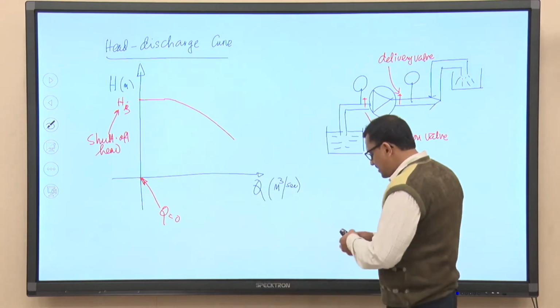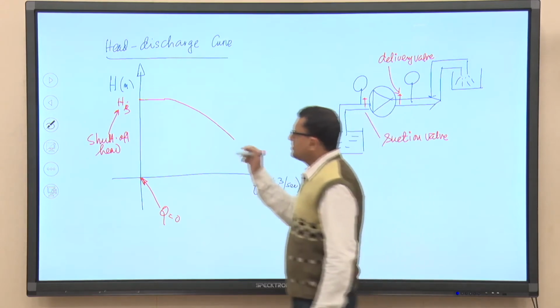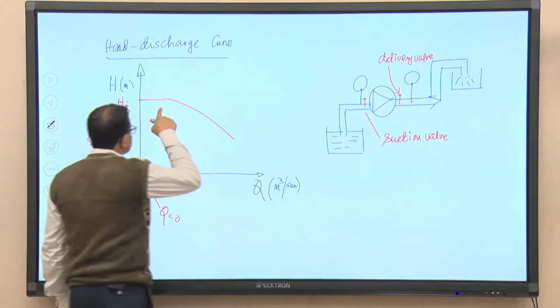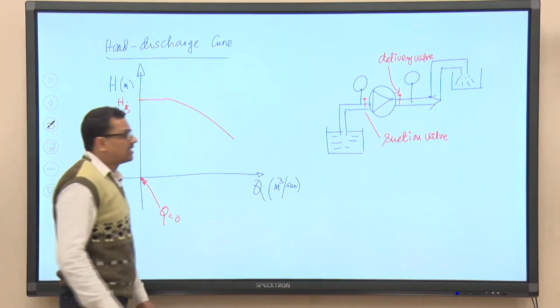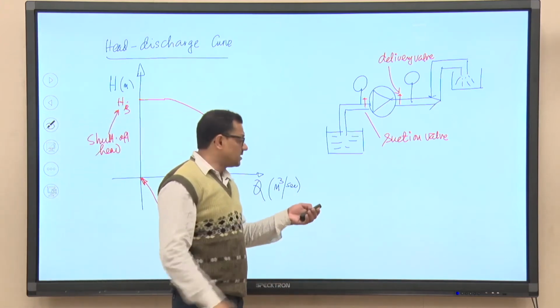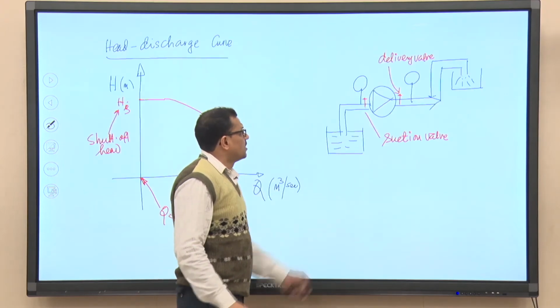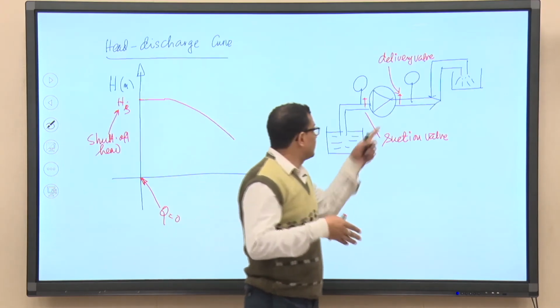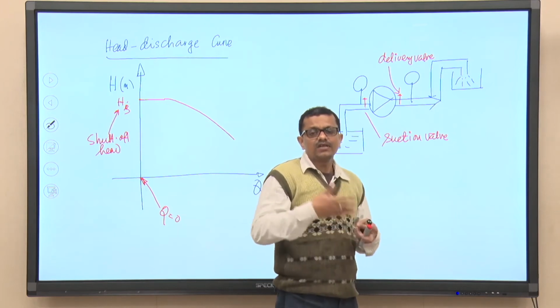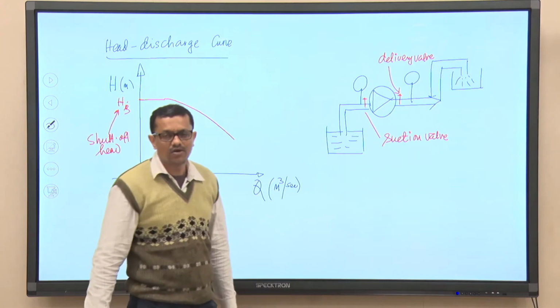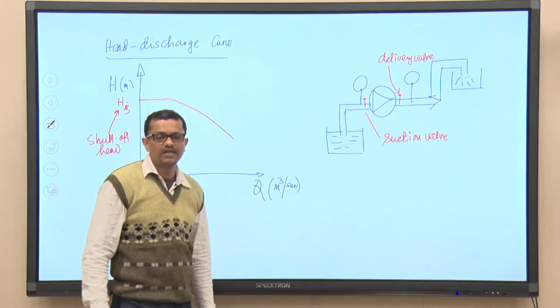Again, I am telling that this nature of the curve is obtained from this particular equation. When the delivery valve is fully open, because of the high flow rate and flow velocity, the frictional losses will be very high.